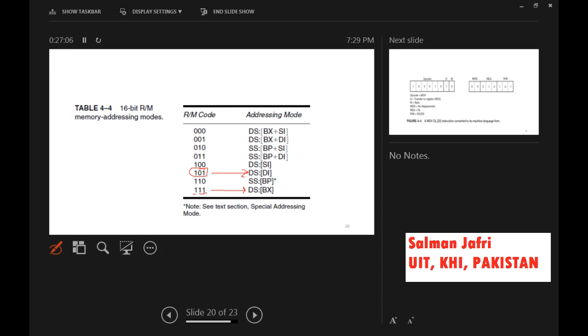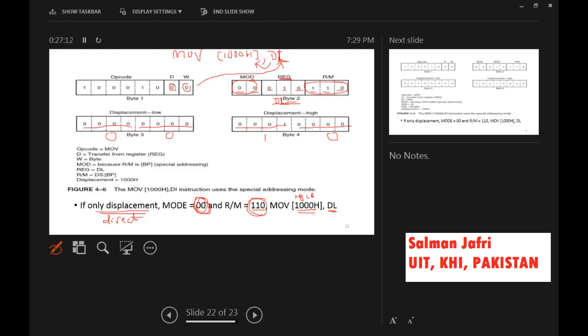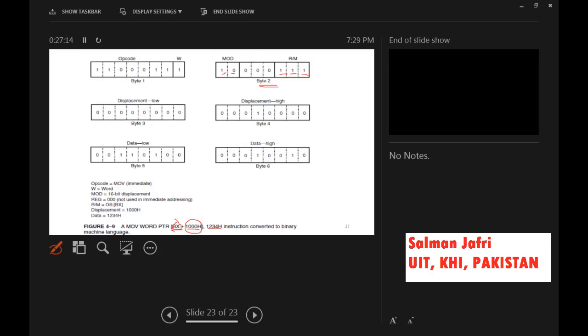So since we have BX in brackets, 111 has been written in R/M. So this is basically in brackets BX. Now this would be fixed to be 000 because we are using immediate addressing mode.